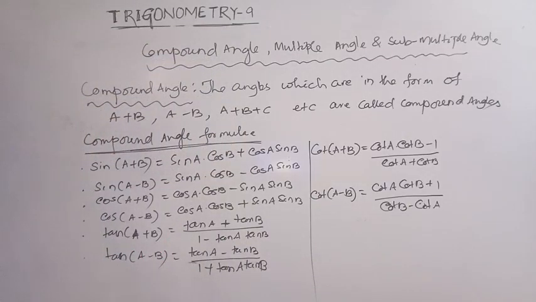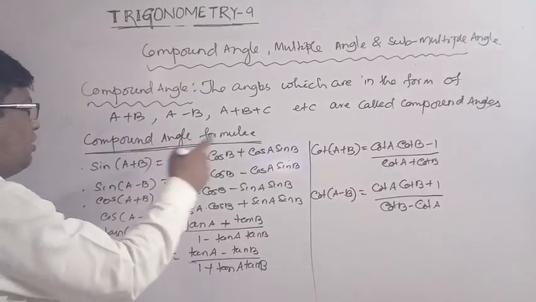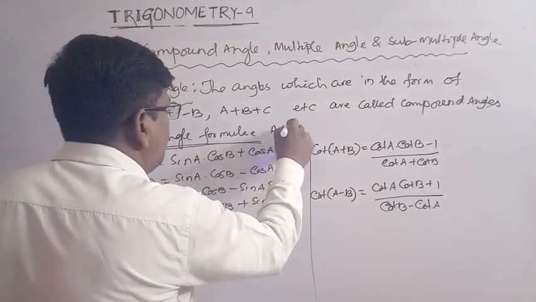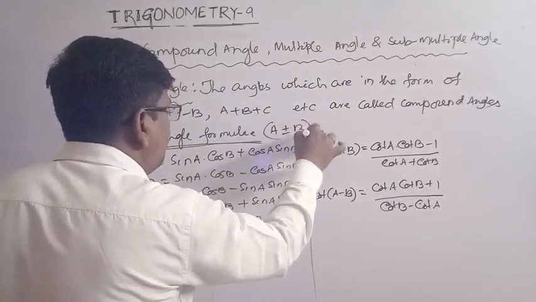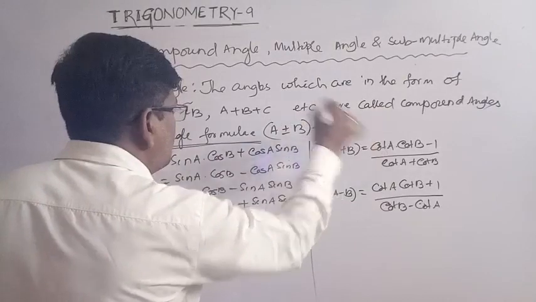Now application of the compound angle formula. This is the compound angle formula, that is a plus or minus b type.